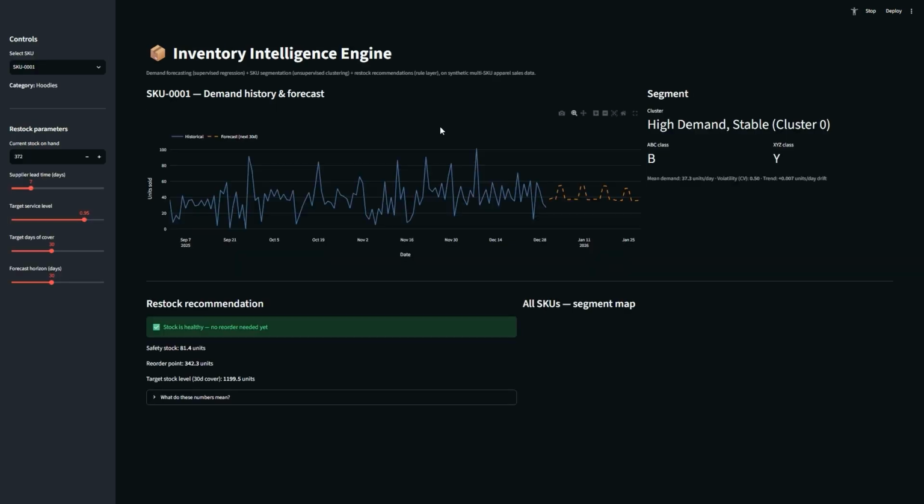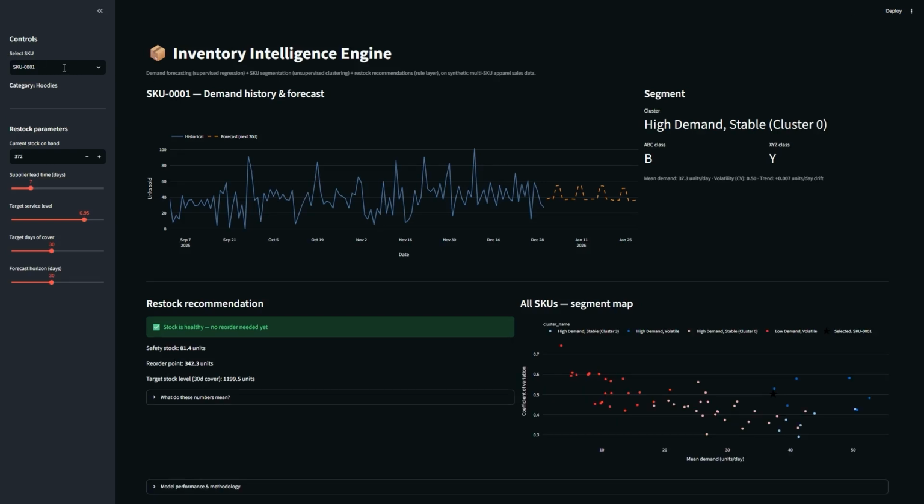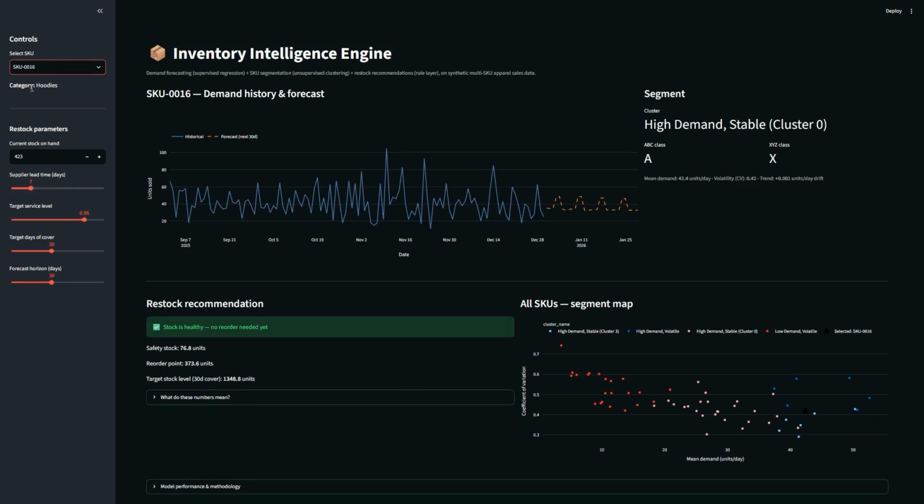Okay. So here's the live dashboard. Now let me click the drop down and pick any SKU from here. Let's say this one, SKU16, the hoodies.